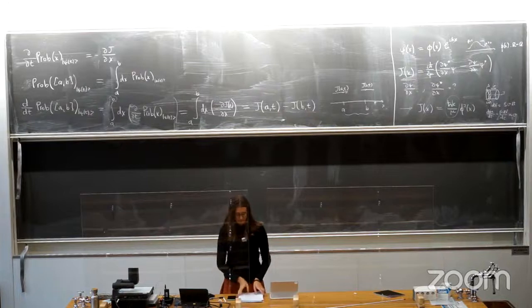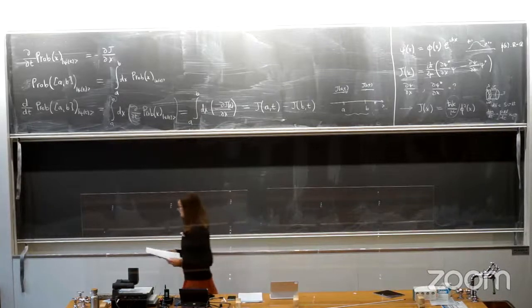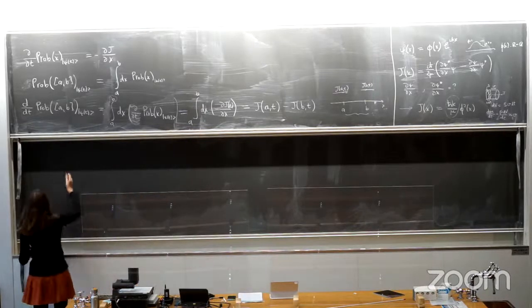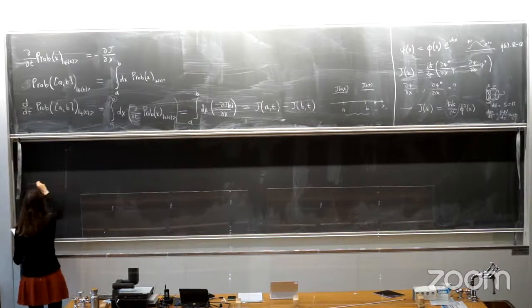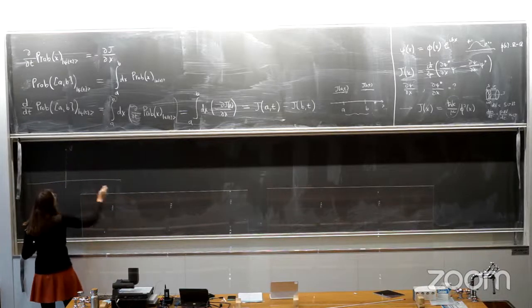So what is our problem, basically? Let's say this is V of x, this is x.